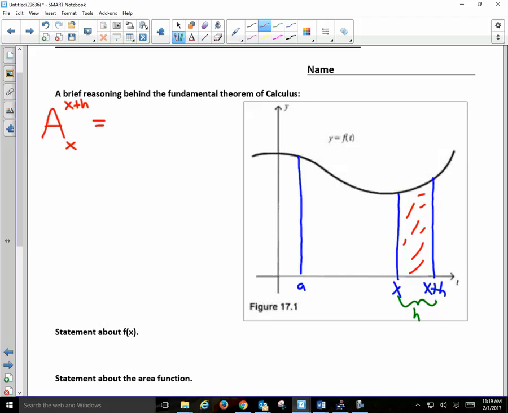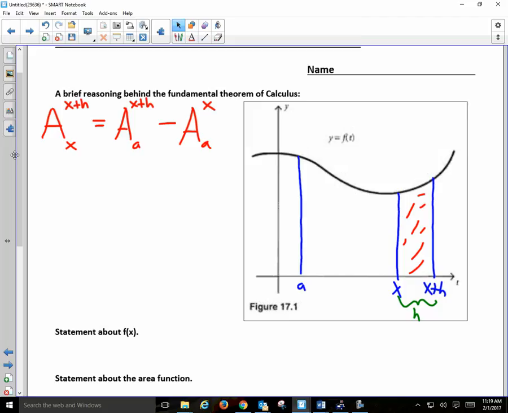And the first area is the area from A to X plus H. What do I have to subtract off of that larger area to leave me with this red space? A to X. Very good. Is everybody okay with that statement?